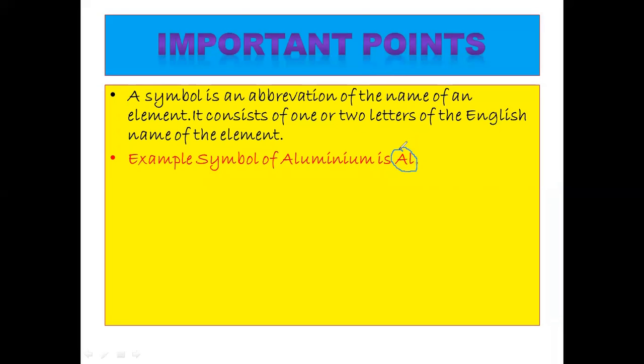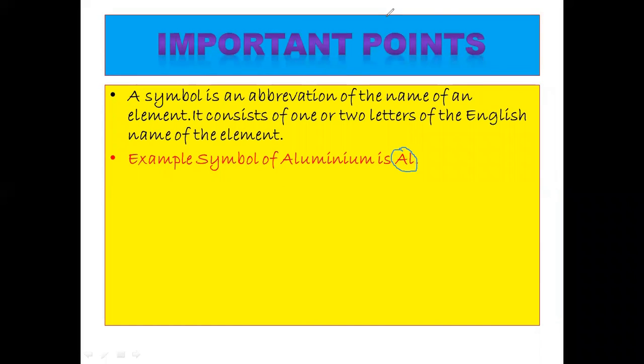So the first two letters are taken. It can be one letter, it can be two letters, or it can also be the Latin name of any of the elements.